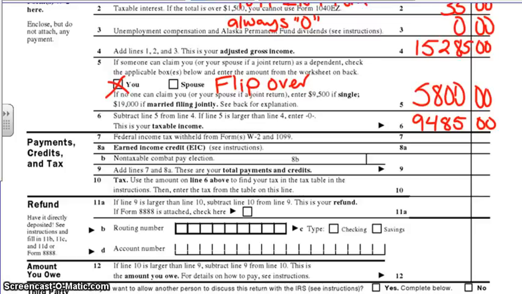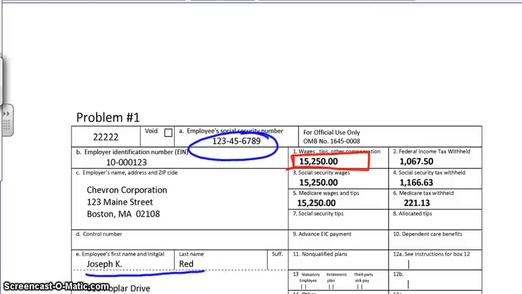Next one. It says federal income tax that is withheld from your W-2. What we need to do is take a look at our W-2. So let's go back to the W-2 form, and we want to look at where it says federal income tax. Okay, federal income tax is located in box 2.